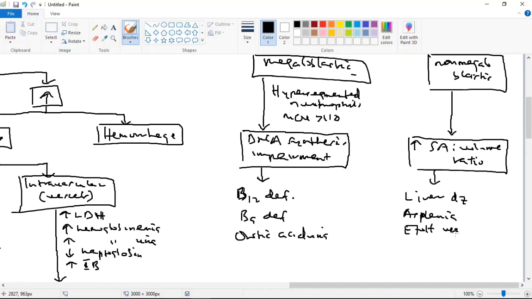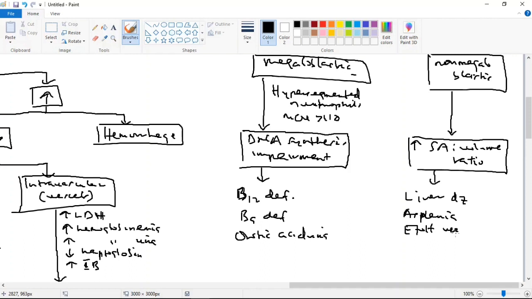Biochemically, another way to tell them apart would be by looking at methylmalonic acid. Both of them have hyperhomocysteinemia, of course, because of methionine synthase inactivity. Also, there's an enzyme that requires B12 as a cofactor called methylmalonyl-CoA mutase, which converts methylmalonyl-CoA to succinyl-CoA.